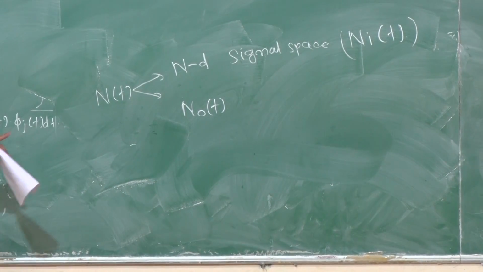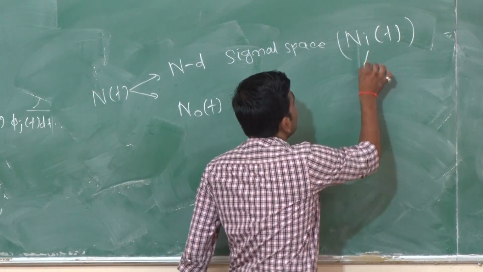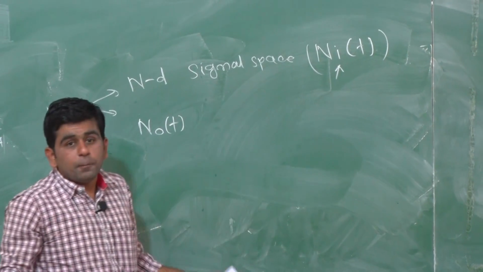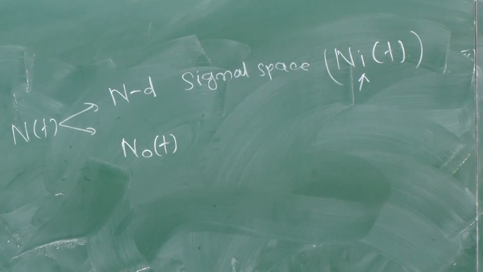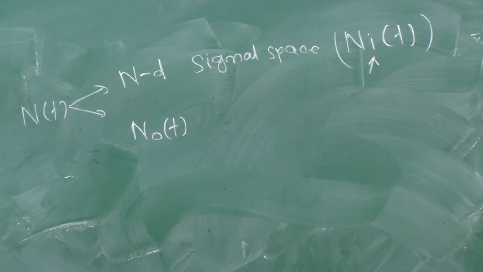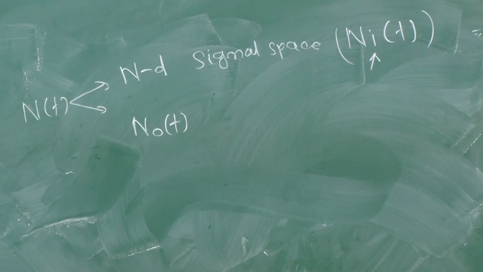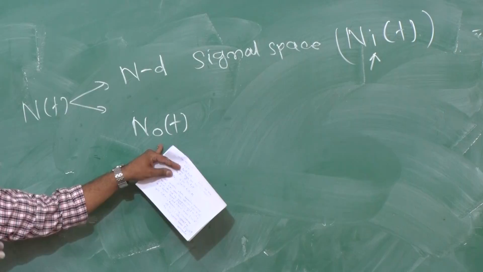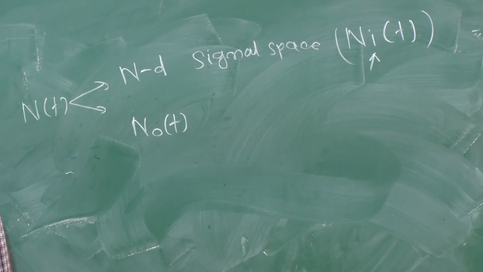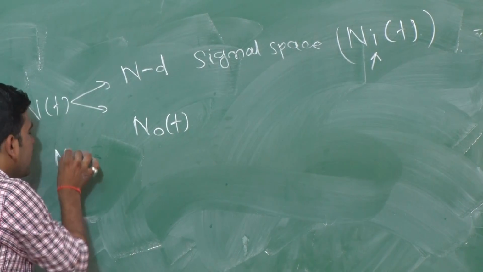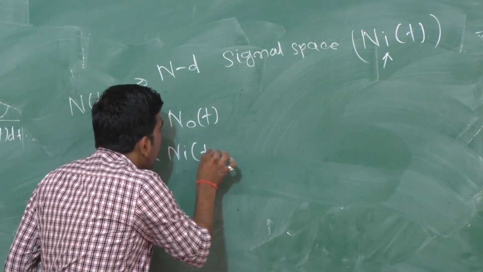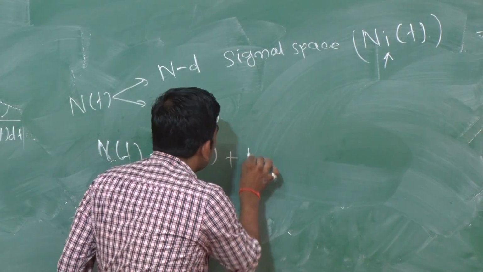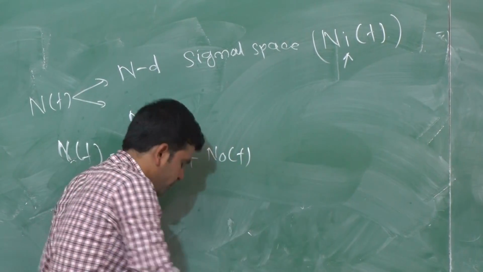This i indicates the portion of n of t which can be represented by n dimensions, or is presented on n dimension signal space, and this portion is out of this n dimension. So n of t is a summation of n i of t plus n naught of t.